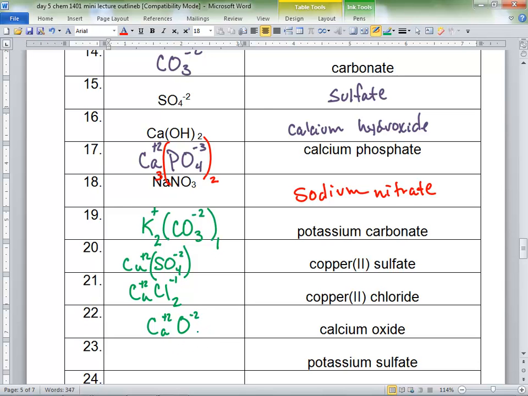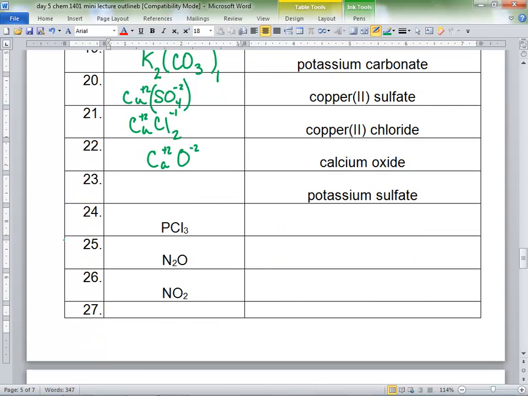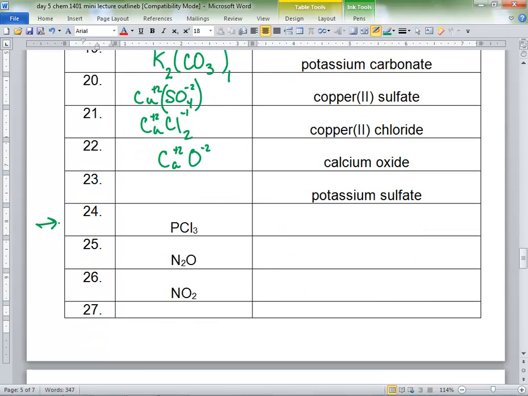All right, let's jump down to these guys. 24. P is phosphorus. Now remember, do you see metals? No, there's no metals here.